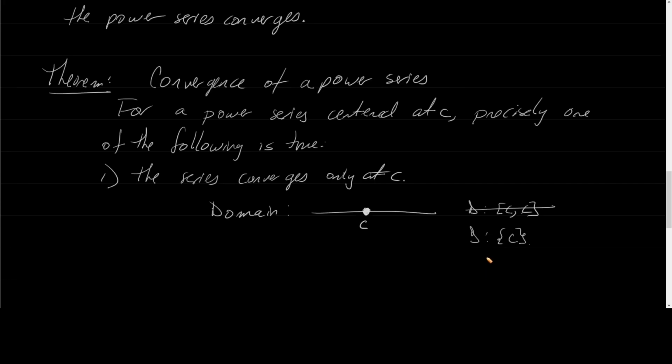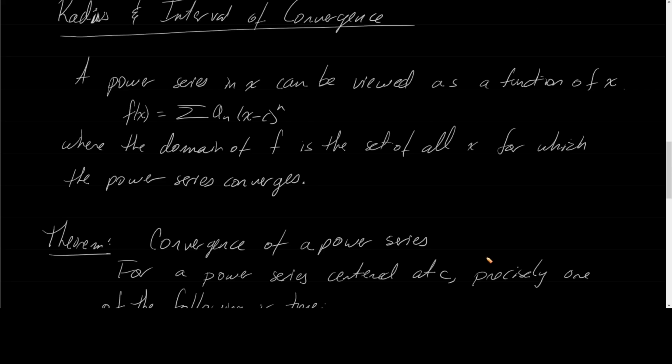Anyway, why does that have to be true, or why should that be true? Well, in general, a power series will definitely converge at its center, right? How come? Well, let's see. And I'll do this in blue here. So if I plug in the center here, I end up with the summation of a sub n times c minus c to the n. But then c minus c is 0.